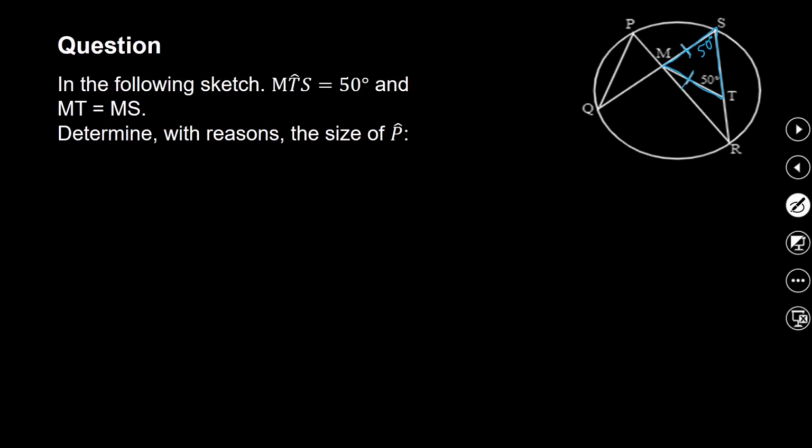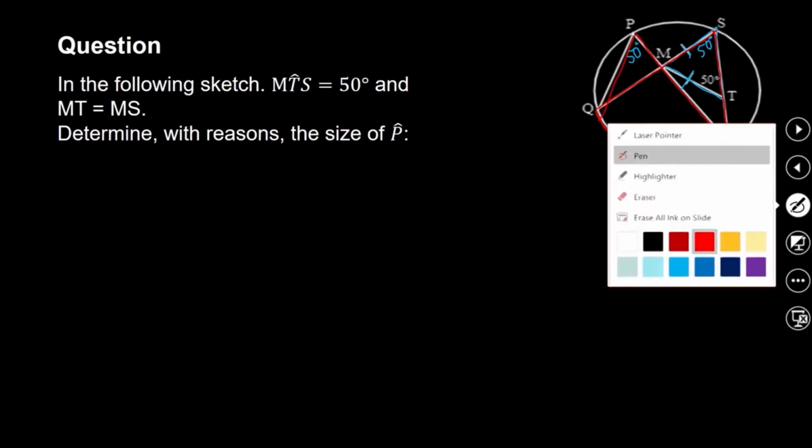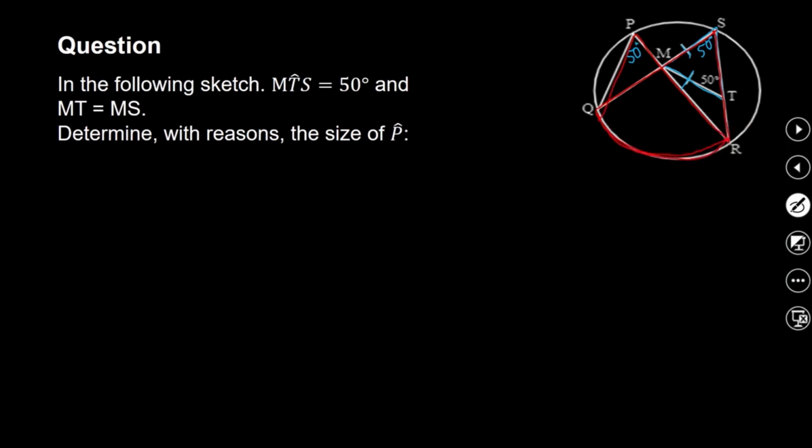So that's already 50 degrees as well. And if that is 50 degrees, this will also be 50 degrees because they are subtended by the same arc. This angle there and that angle there are subtended by the same arc. And then determine with reasons the size of P.